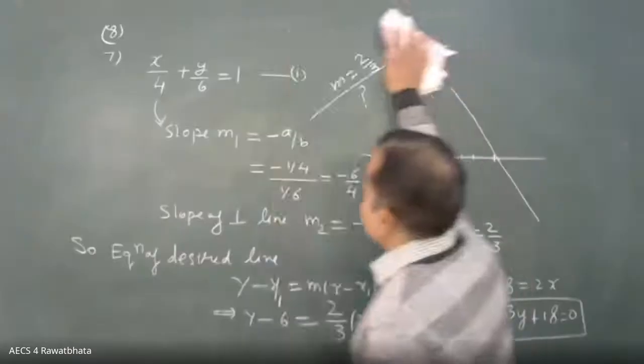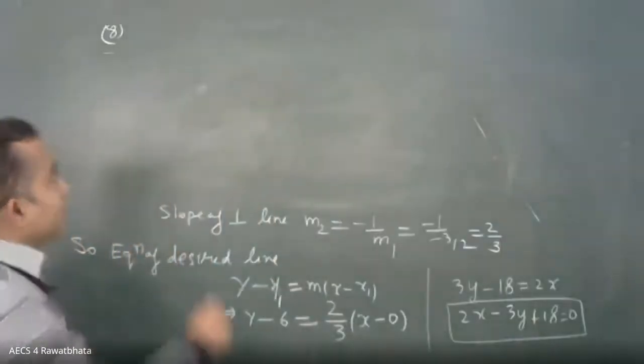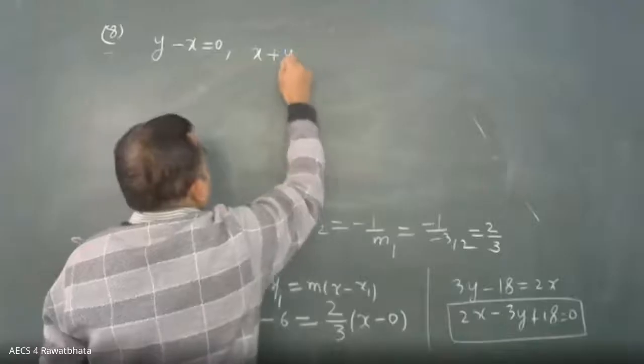Now can you read question 8? Yes, sir. Find the area of the triangle formed by the lines y minus x equal to 0, and second, x plus y equal to 0, and x minus k equal to 0.